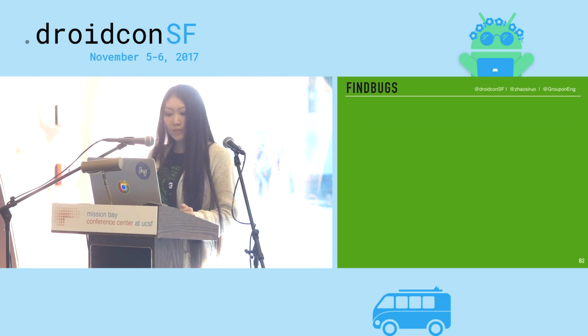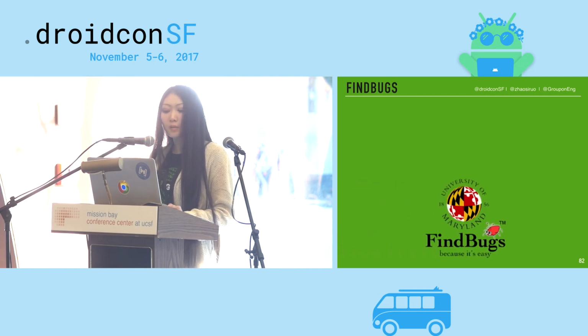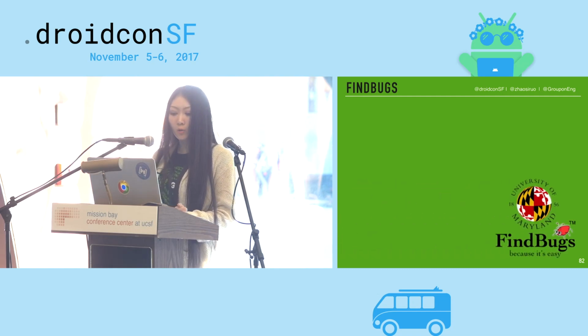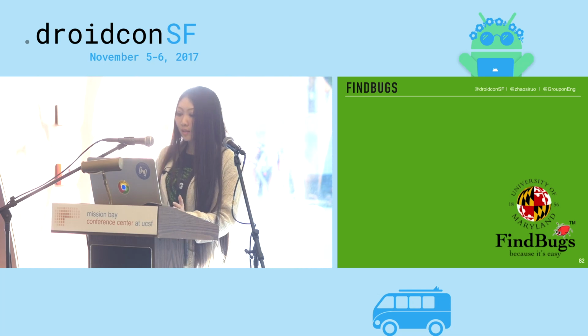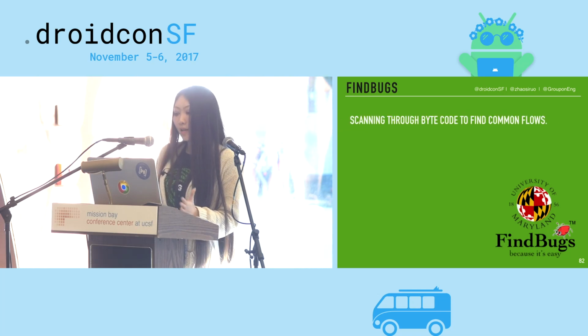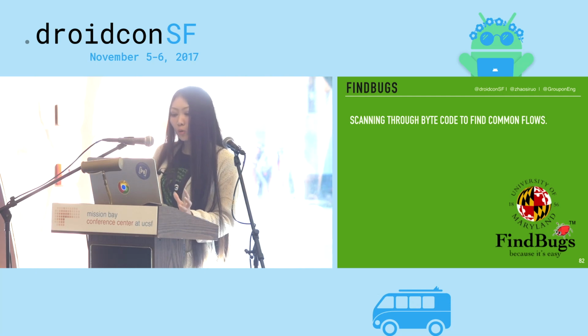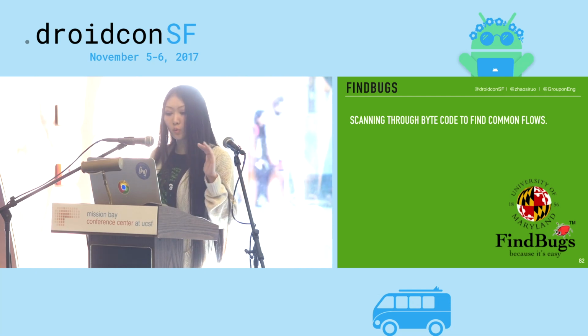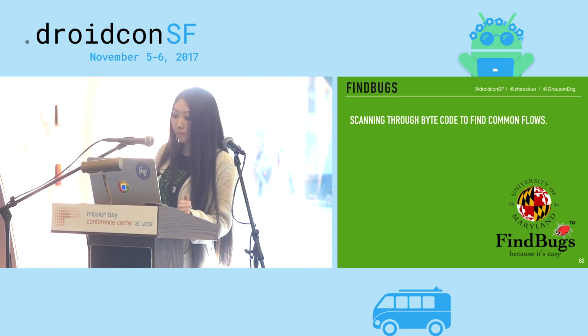Last but not least is Findbugs. Findbugs is a Java static code analysis tool built in 2006. The idea is similar to PMD, as the name suggests, but the actual mechanism is scanning through the bytecode instead of source code.